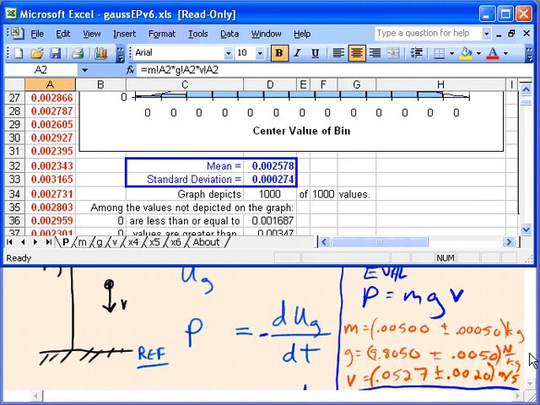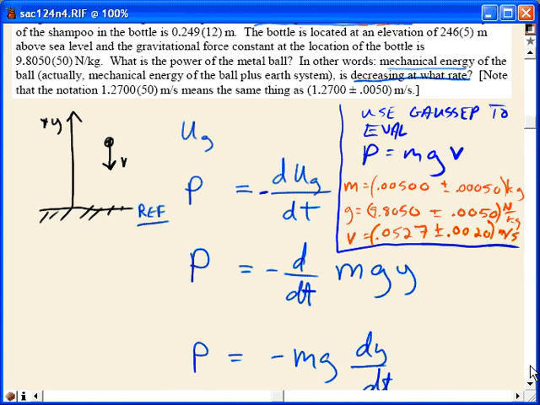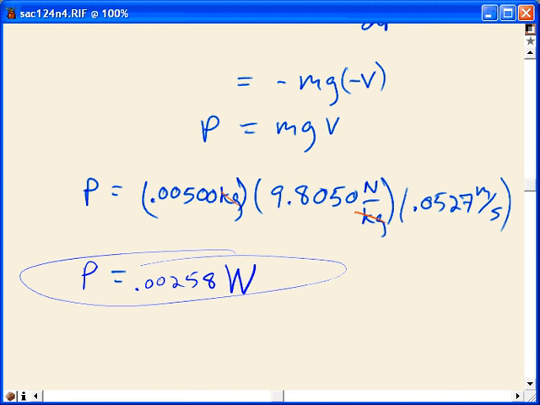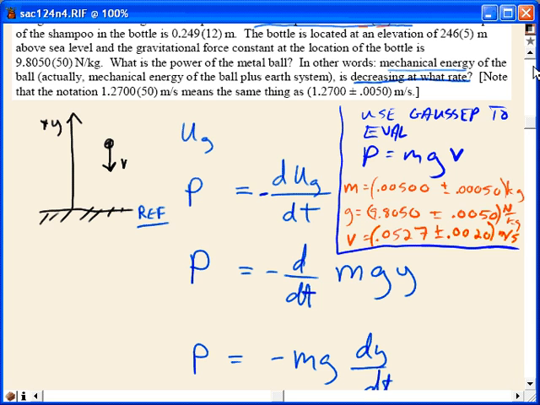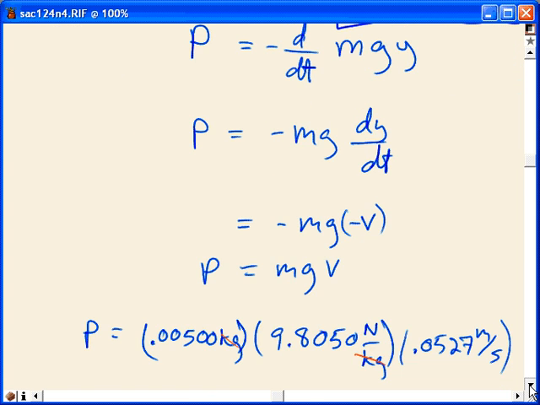So go back over here to where I was solving the problem, and using GUM CP, we get, go ahead and write that down here.